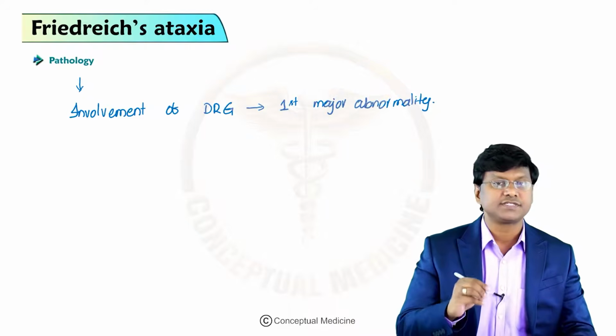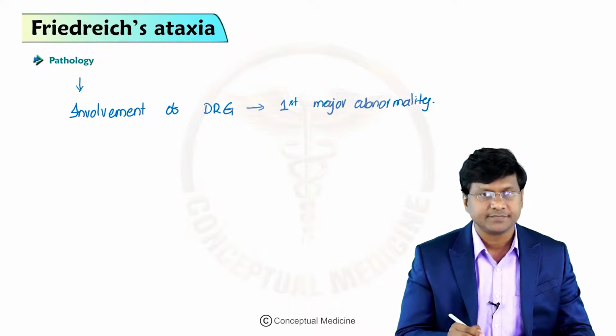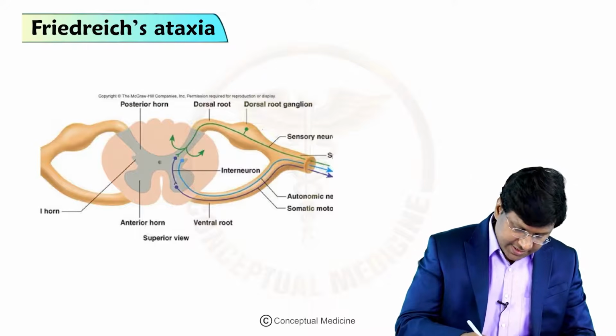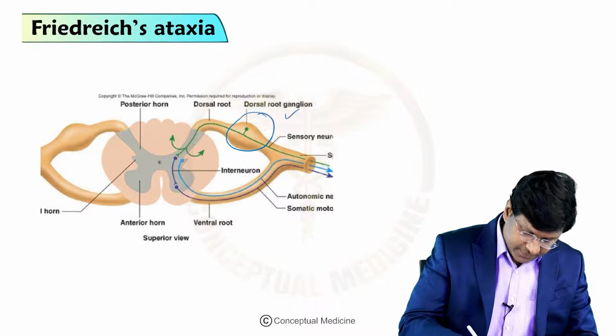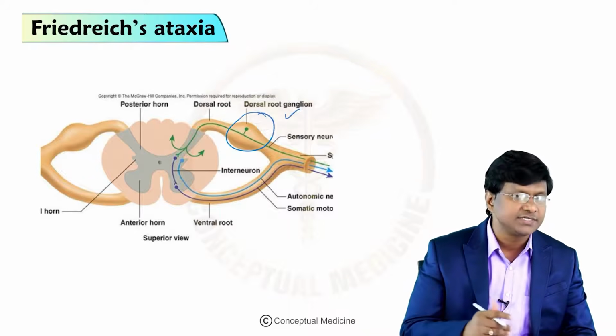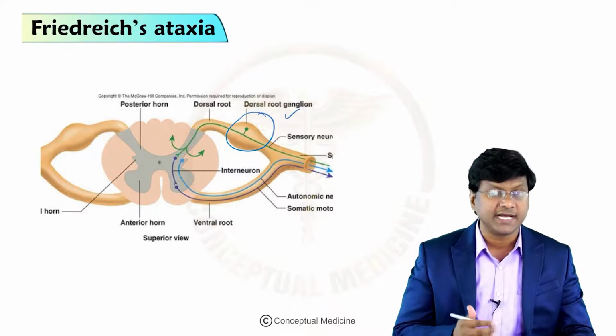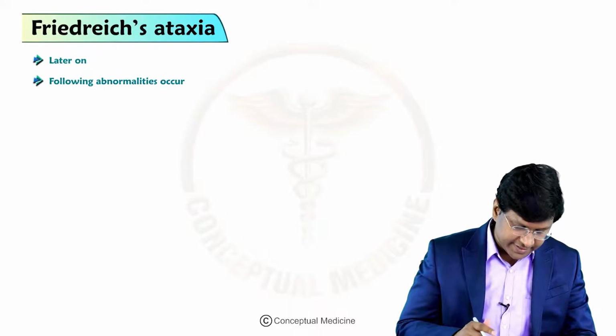That is the first major abnormality which is seen with Friedreich's ataxia. Now you see, this is the dorsal root ganglion, through which the sensory nerve or the sensory root enters into the dorsal horn. Now following this, what are the other structures being affected in Friedreich's ataxia?